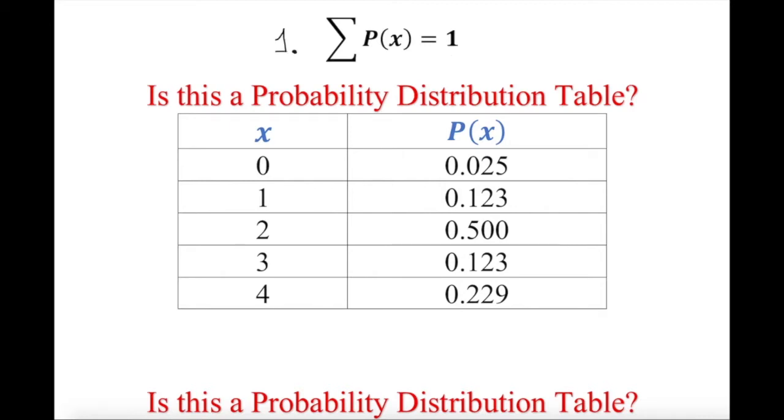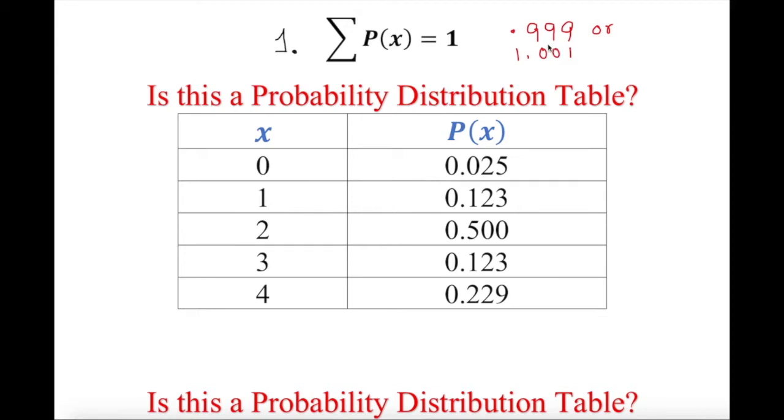Sometimes you add it and it comes up to 0.999, or it comes up to 1.001. Still it's okay. If your sum adds up to that, this is also acceptable. Why? Because of a rounding error, because you're rounding up, so sometimes it may come up like that.